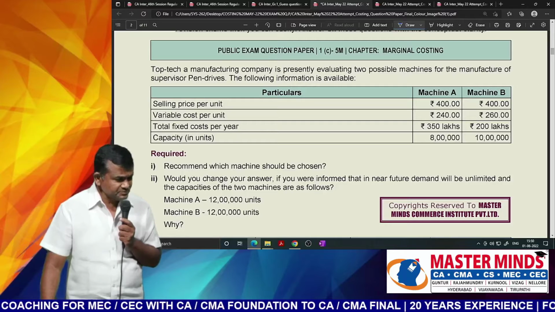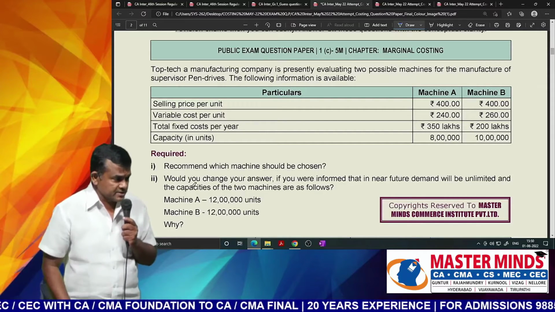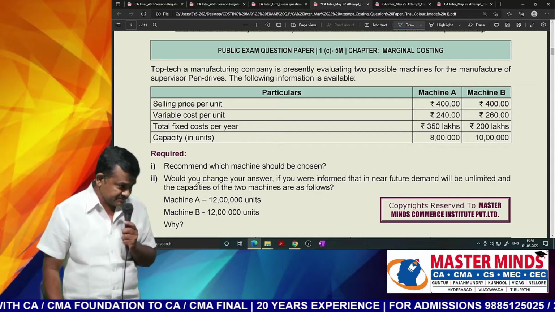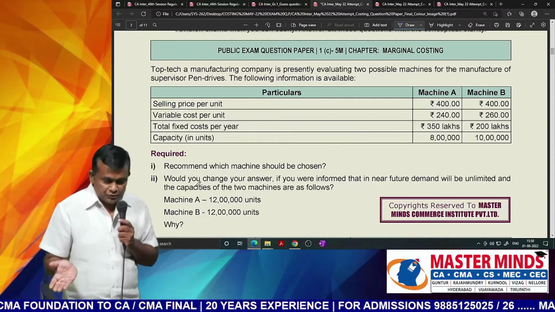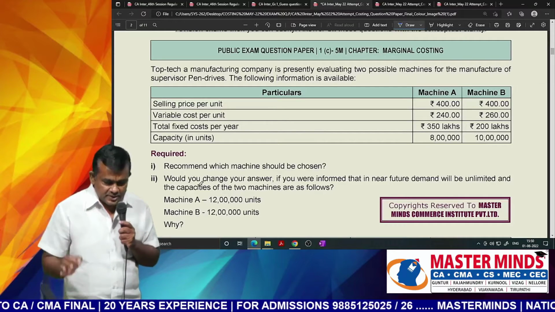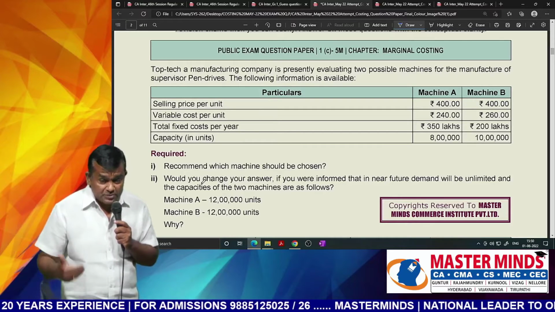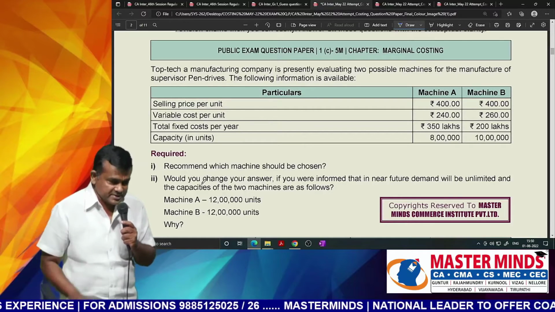Generally, this problem can be done in 2 ways: either profit motive basis or indifference point basis. Which one is more profitable, that should be chosen. So directly calculate the profit. The machine having higher profits should be selected.